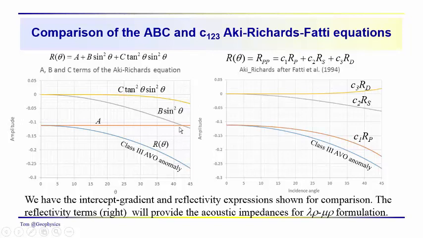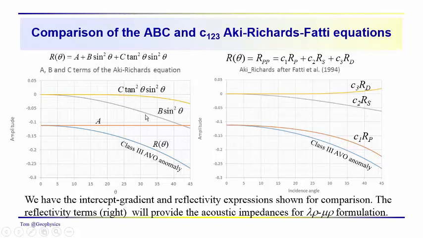And again, we point out that when we stack these traces, the AVO response is going to be significantly different from what you would predict just using the information from sonic logs and density logs. In this case, we might get a 0 reflection coefficient.